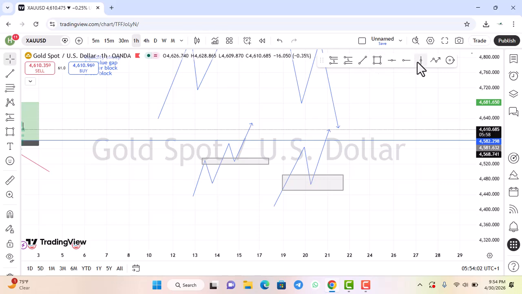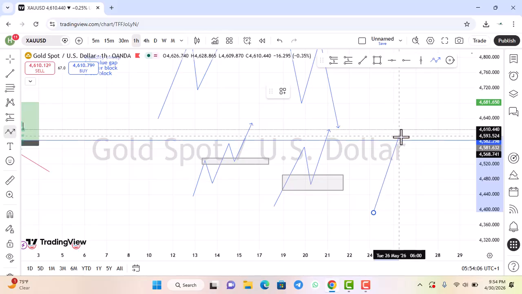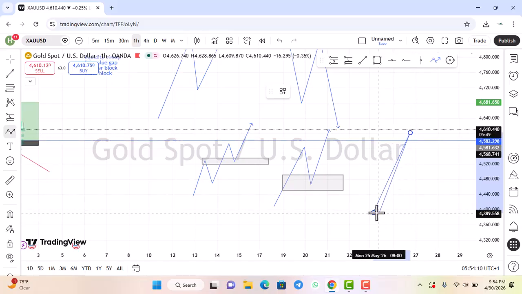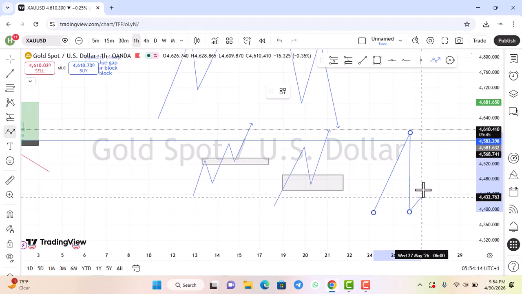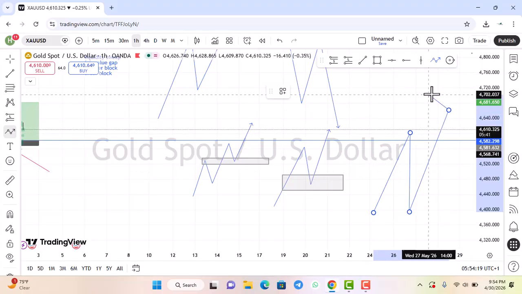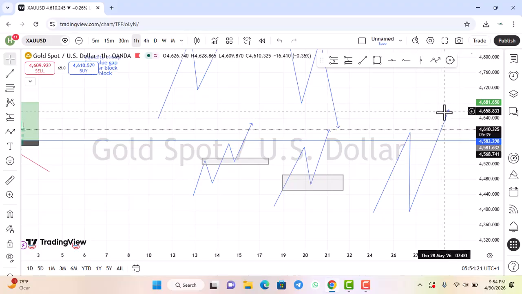All right, so let me give you another example. Let's say we have our expansion here, right? Then price comes back to our order block, which is where the price expanded from, right? When price comes back there, then continues to go up, giving us what? A retracement. So this is our retracement.